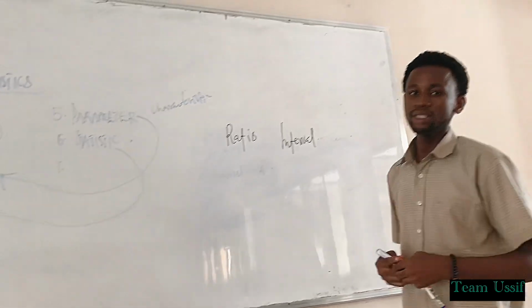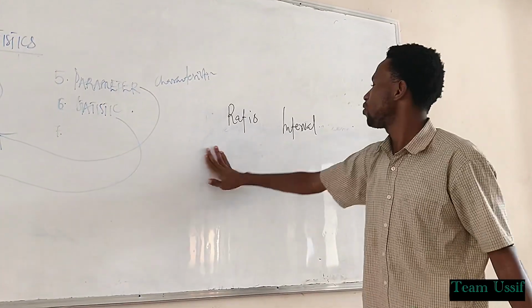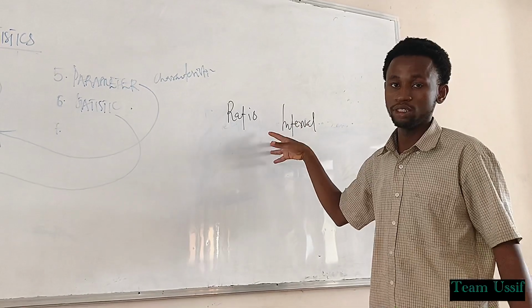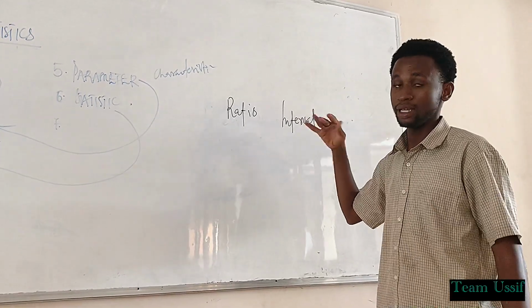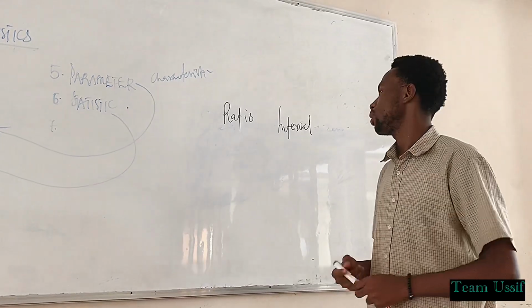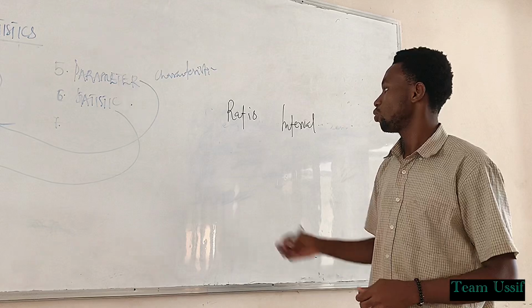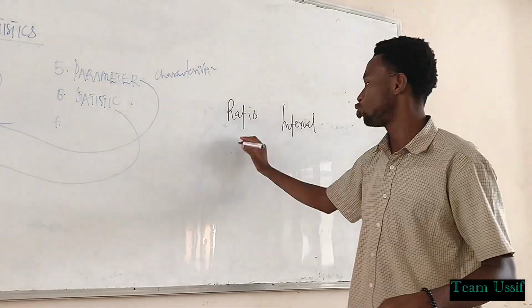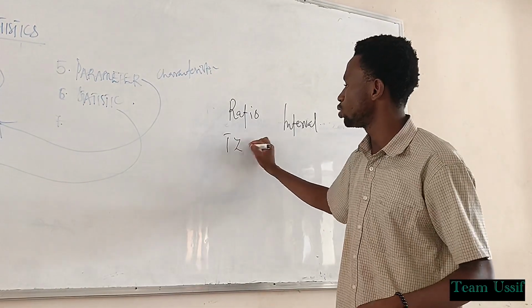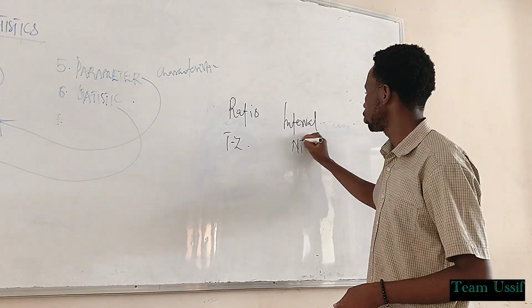These are forms of the continuous data. They can be measured, under the measurements of scale. But the only difference is that one has a true zero and one has no true zero. The ratio has the true zero, and the interval has no true zero.